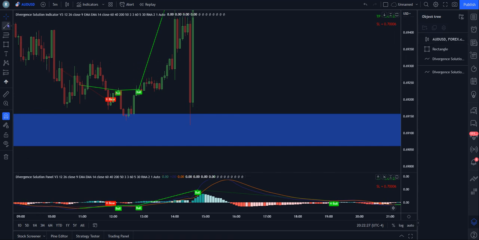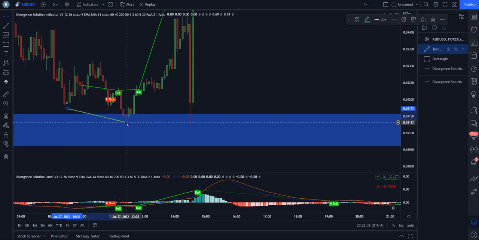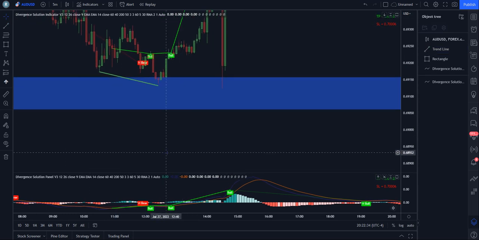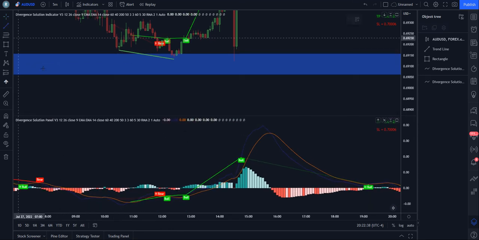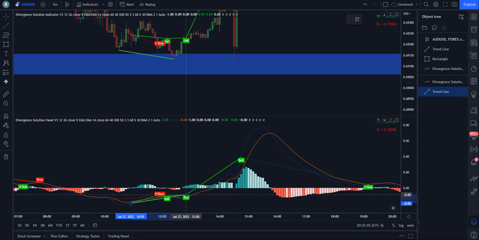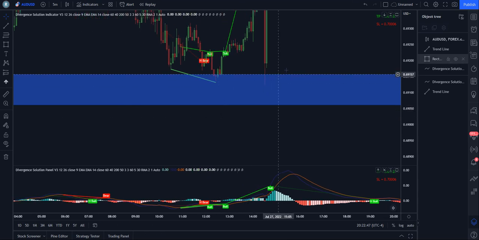And not only there, like I marked out as well, even if you just do the lows and not the closes, price goes below, whereas the indicator is actually going higher, showing us this is a fake out.